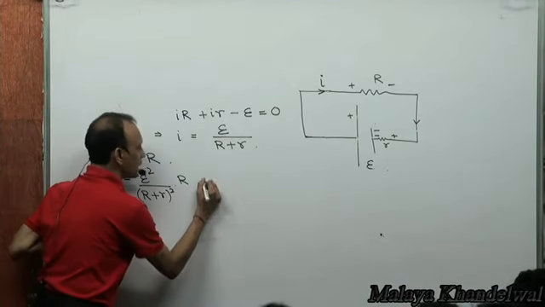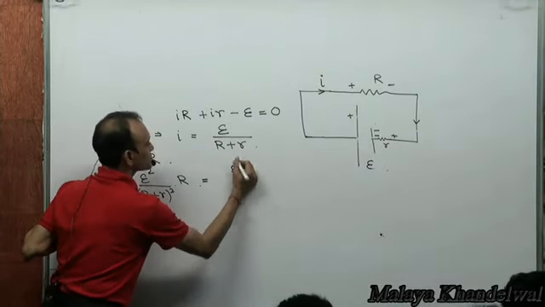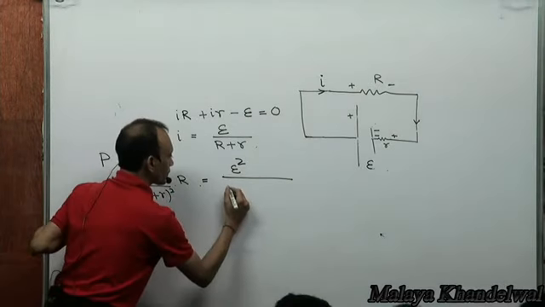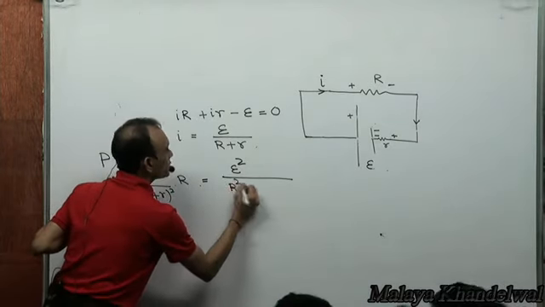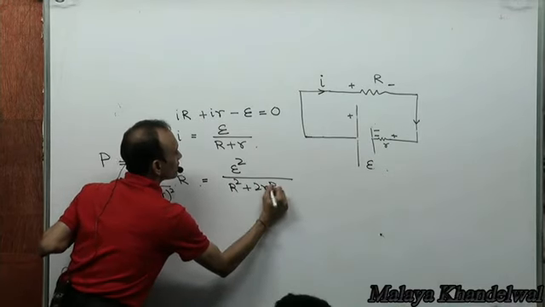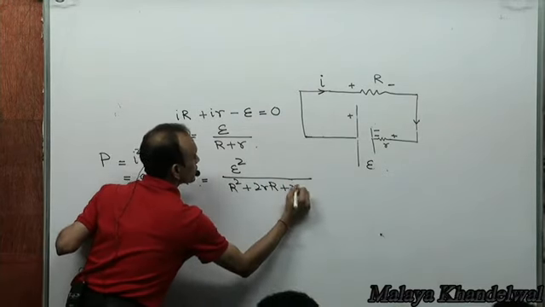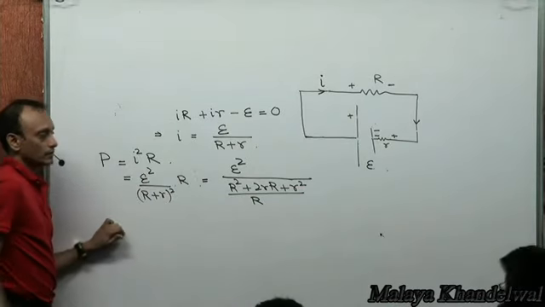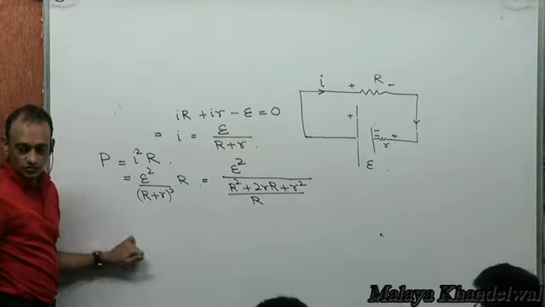And now this I can write as epsilon squared divided by (R squared plus 2Rr plus r squared) divided by capital R. Yes or no?